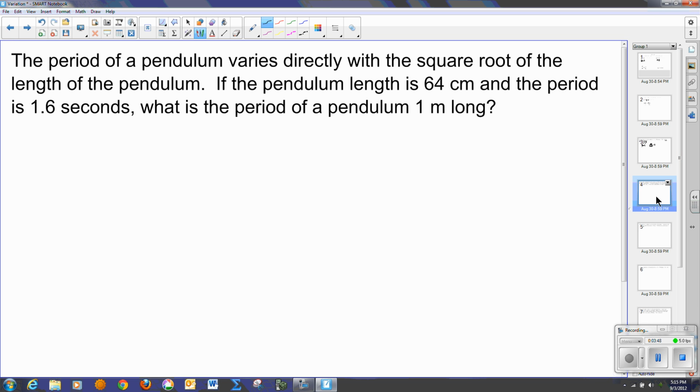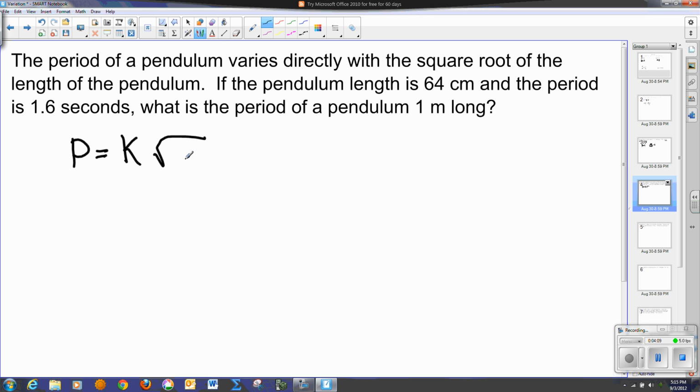Moving to the next. So in this case, we have the period of a pendulum varies directly with the square root of the length of the pendulum. So again, I'm going to write a general equation for this. Period, I'll call P, varies directly, so that's equal to k times something. All right, and this is the square root of the length.